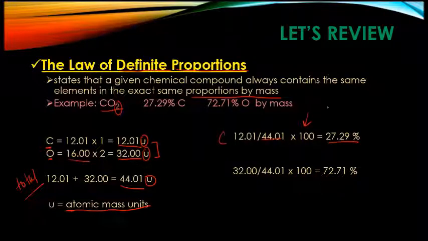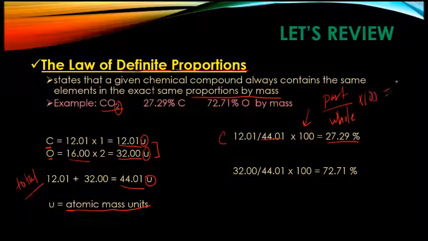Basically, this is following regular percent problem. The part over the whole times 100 is going to give you the percent. Now our part is the mass of the element over the whole, which is the total mass of the compound, times 100 gives you that percent. Over here for oxygen, 32 is the mass of the 2 oxygens divided by the total, which is 44.01 times 100, and that's where that percent came from.